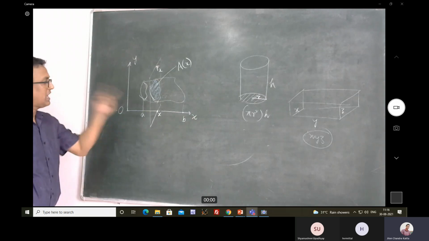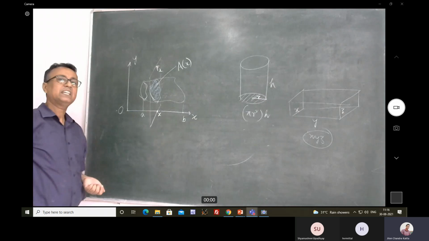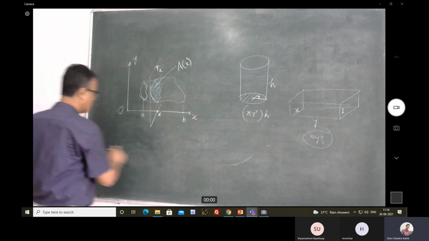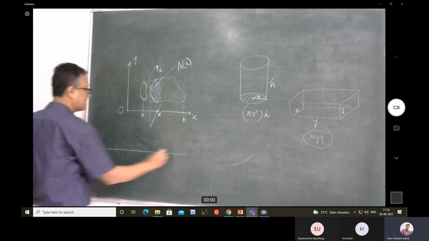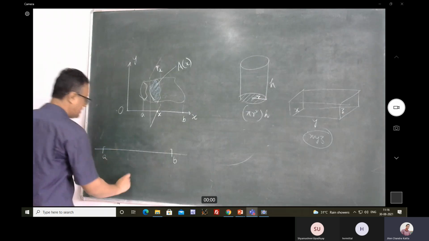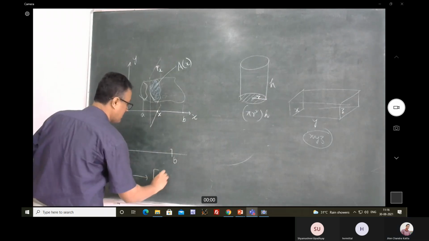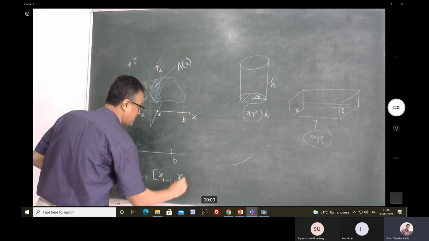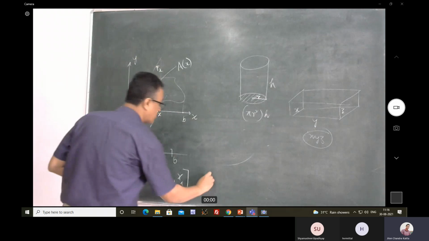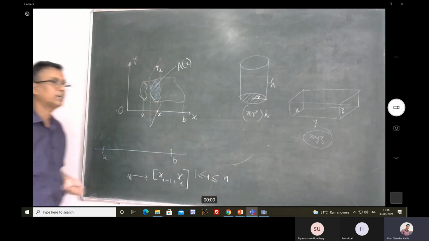Okay. So now let us consider this scenario slightly differently. I'm going to divide this interval AB into n sub-intervals, something like this, x_i, where i goes from 1 to n.